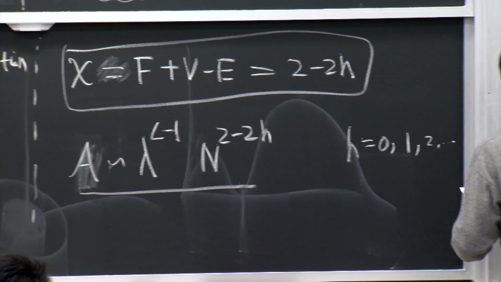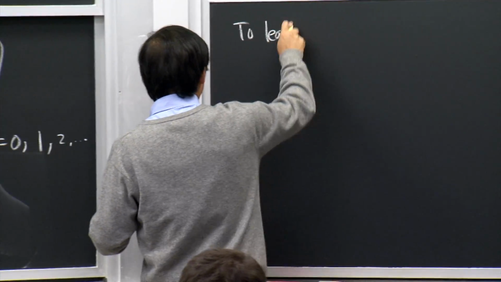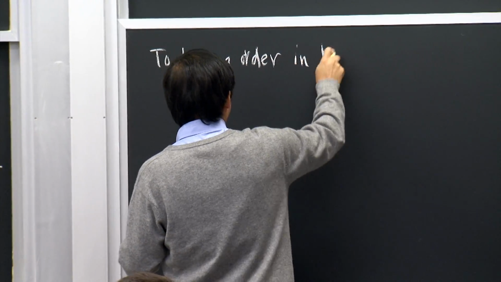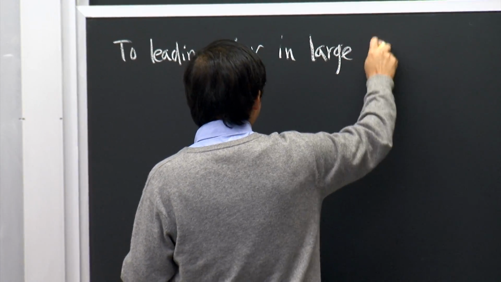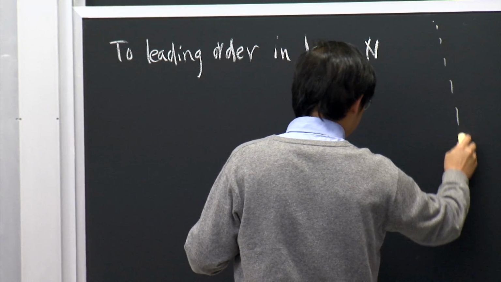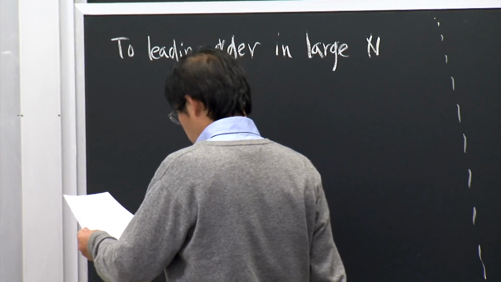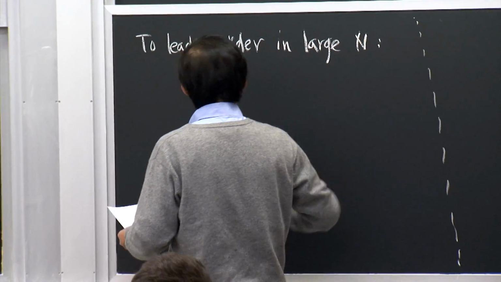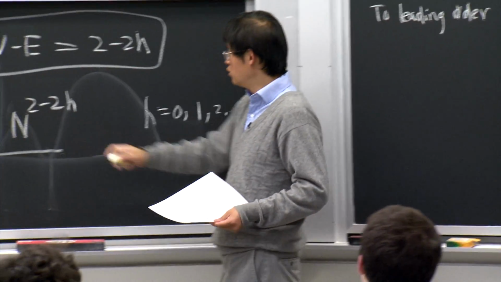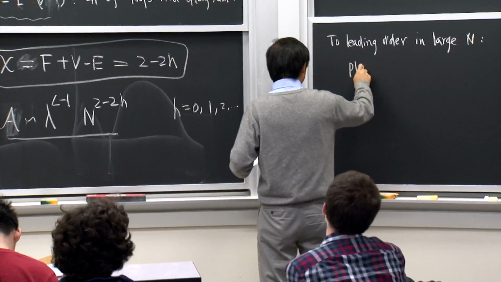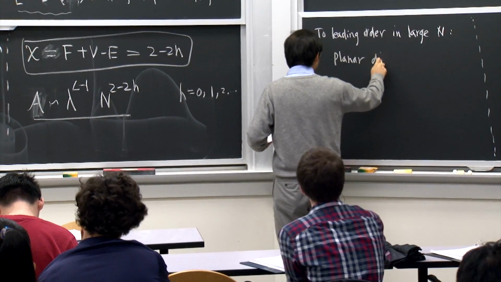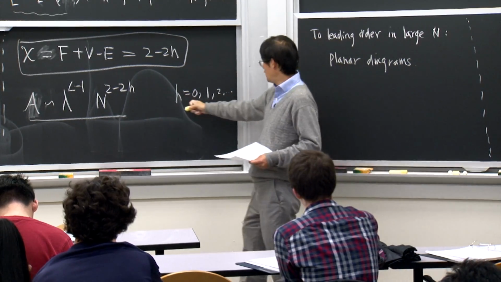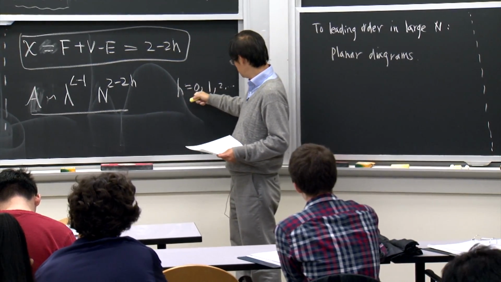So for example, to leading order in large N, the leading order will be given by the planar diagrams, because those are the diagrams with h equal to 0, because h is non-negative.